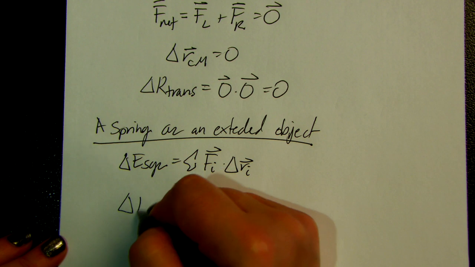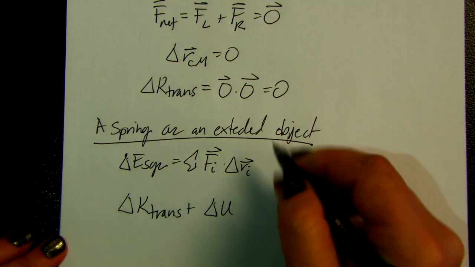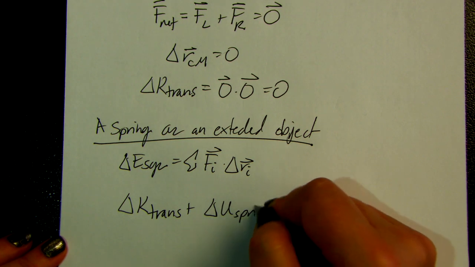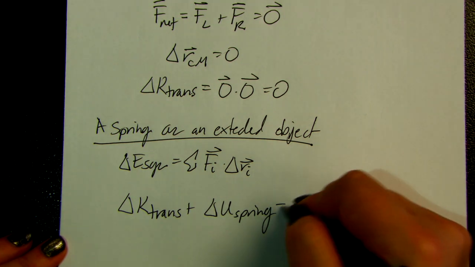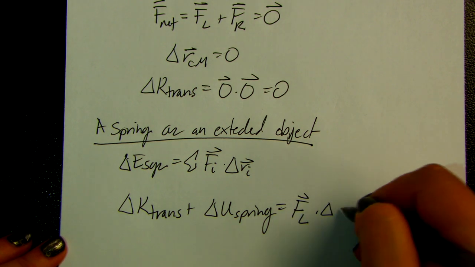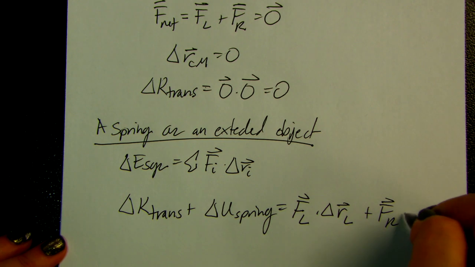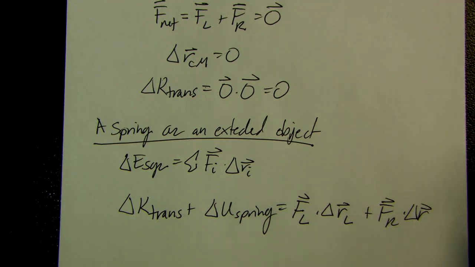So we would have the change of translational kinetic energy plus the potential of the spring is equal to the left hand applying a force over the change of position to the left plus the force from the right hand times the change of position to the right.